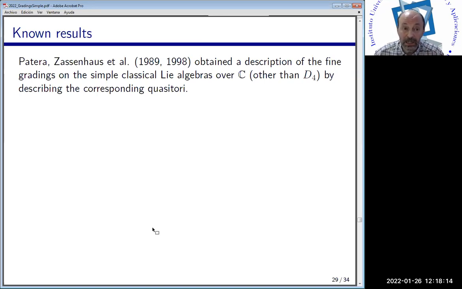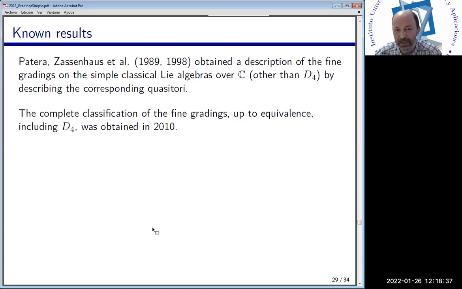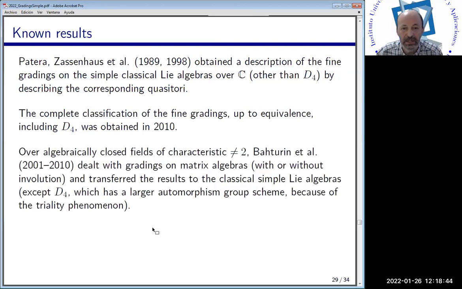And it was a description, not a classification, so they proved any maximal quasi-torus of the group of automorphisms is, up to conjugation, one in this list. But there was the possibility of getting some more conjugations in their list. A complete classification, including D4, was obtained in 2010, and D4 was the most difficult case because of the triality.